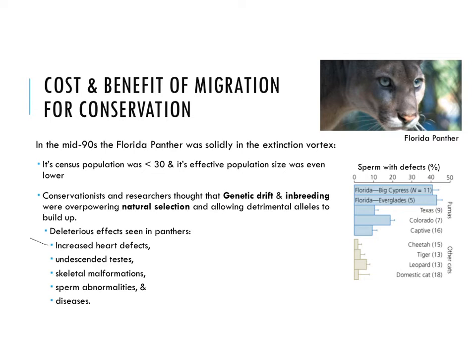So that's what this graph over here is illustrating. If you look at the percent of sperm with defects, and we look at cheetahs, tigers, leopards, domestic cats, we see all of them have very low amounts of sperm defects. But if you look at the Florida Panther, it's up at like 40%, right? So it seems like deleterious alleles had become fixed in the population.